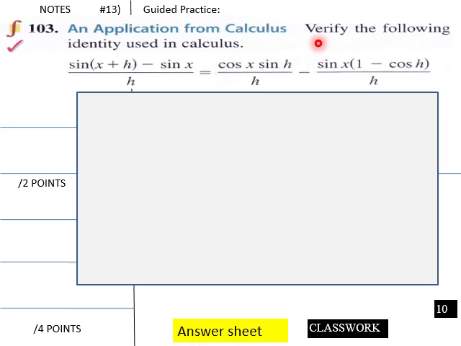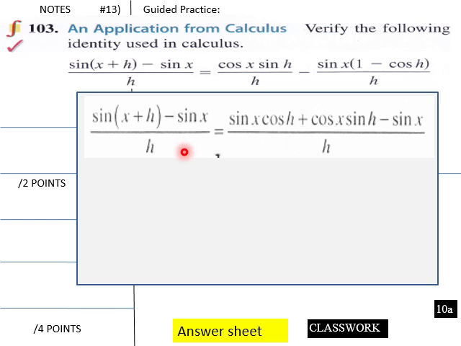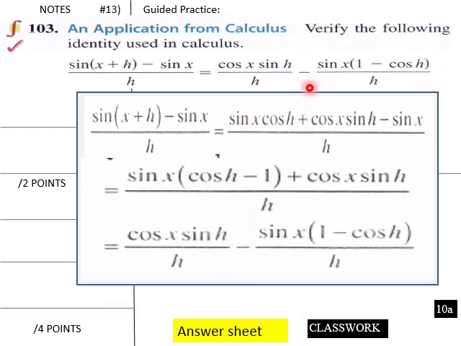And then let's try one here. Verify the identity used in calculus. We have sine of x plus h minus sine x over h equals sine x cosine h plus cosine x sine h minus sine x over h. Here we use the sum formula.